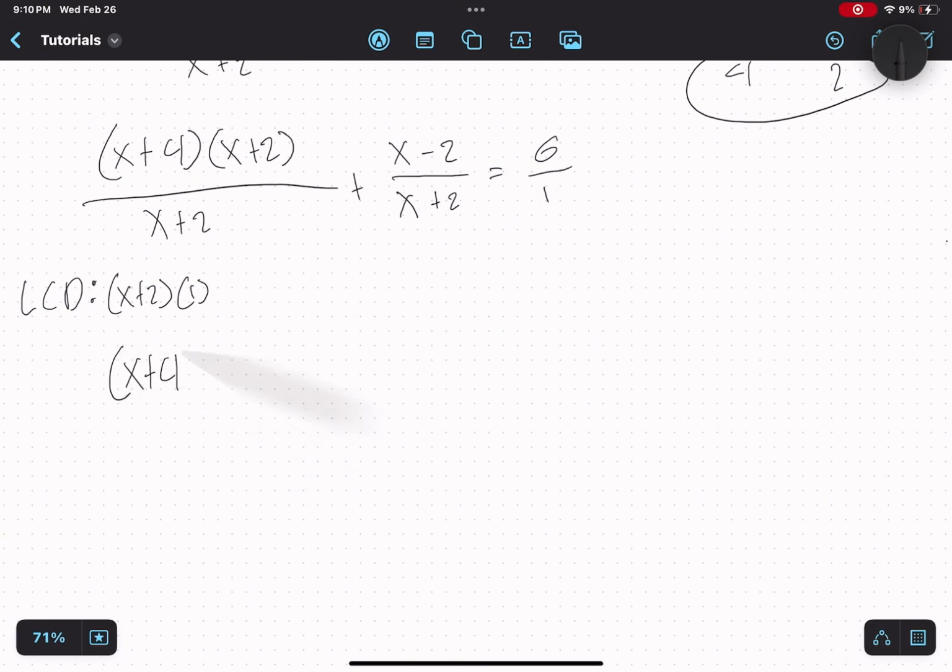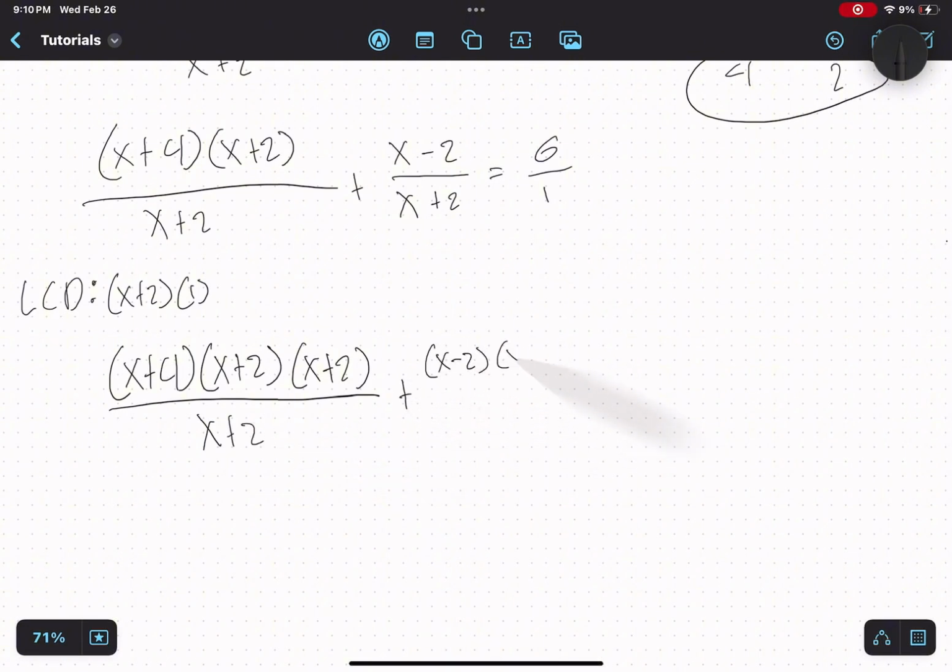We'll have x plus 4 times x plus 2 times x plus 2 again over x plus 2 plus x minus 2 times x plus 2 over x plus 2. And that's going to equal 6 times x plus 2 times 1.